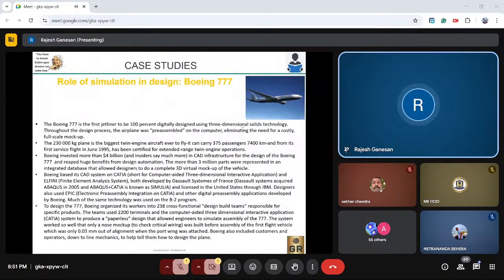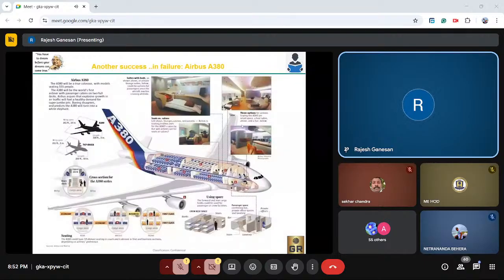For this assembly, the system worked so well that only a nose mock-up was built before assembly. The first flight vehicle was only 0.303 mm out of alignment when the port wing was attached. Boeing also included customer operators, down to the mechanic, to help tell them how to design the plane.